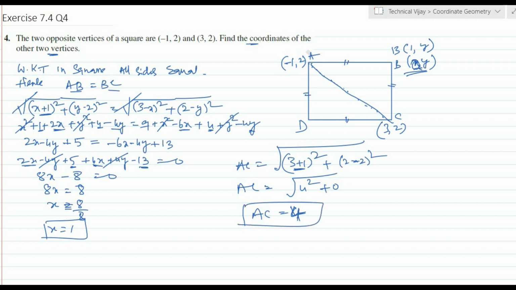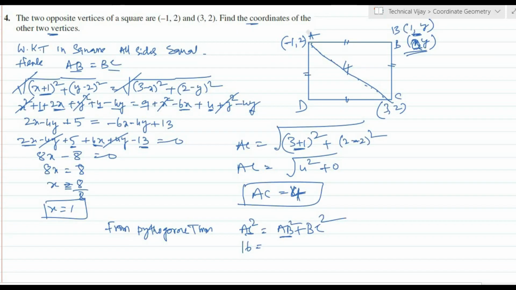Now as per the Pythagoras theorem, AC square is equal to AB square plus BC square. AC we know, that is 4, and 4 square means 16. AB square we can calculate.